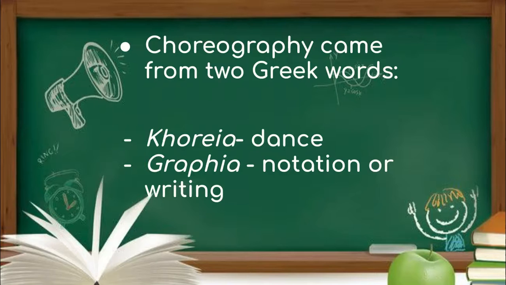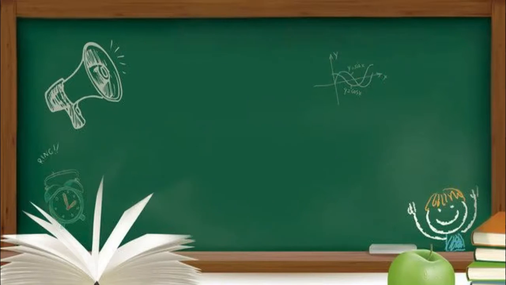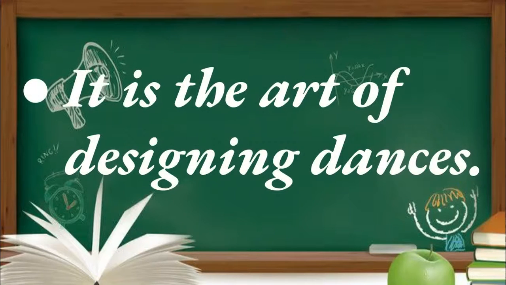So if we combine the two Greek words, we have dance writing. That is choreography. And aside from that, a simple meaning for choreography is the art of designing dances. Of course, because we are creating movements, and creating movements is an art.